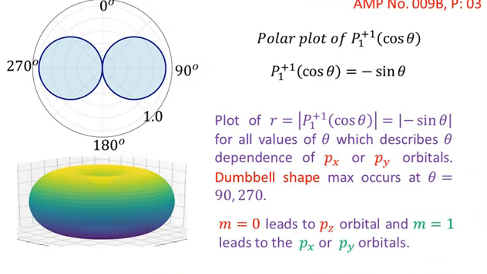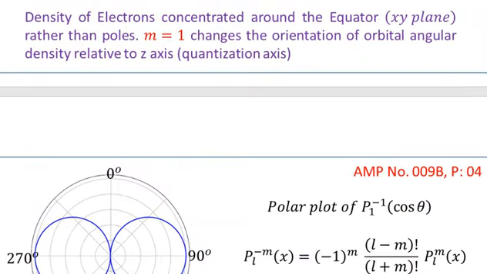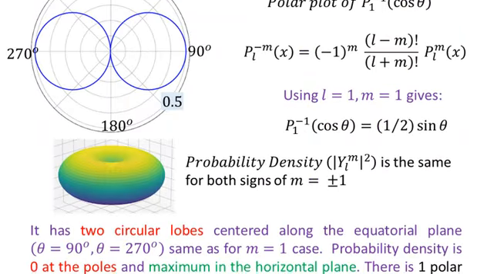But you know that the probability of finding the electron in both of these cases will be equal to 1, because the probability density will depend upon the absolute square of Y_lm, where Y_lm are the spherical wave functions.